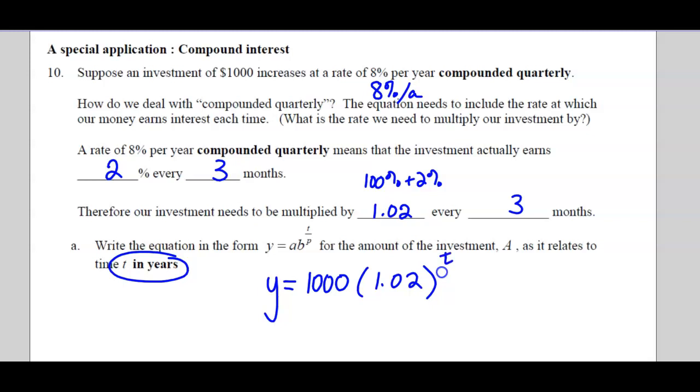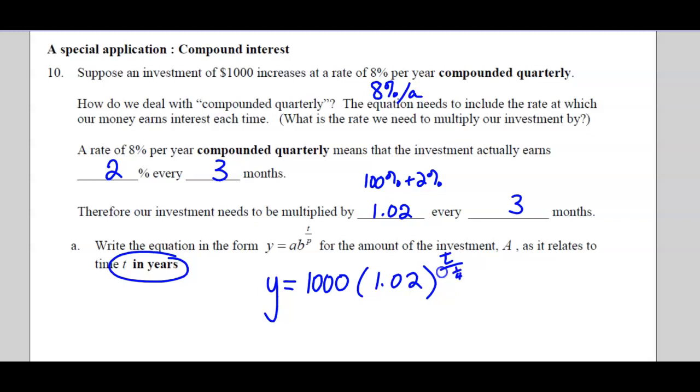And we need to think about the T value. This 2% gets calculated every quarter of a year, compounded quarterly. So don't think about months because that's a different unit from this. So in years, we calculate 2% every quarter of a year.